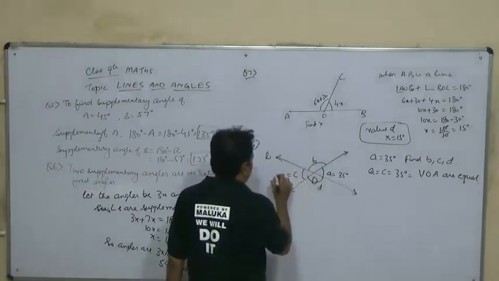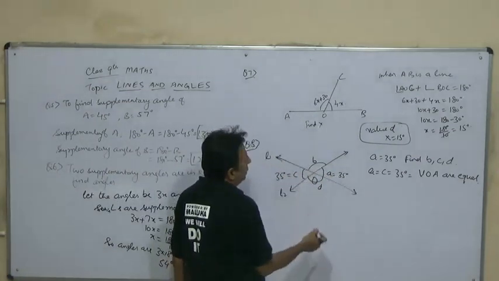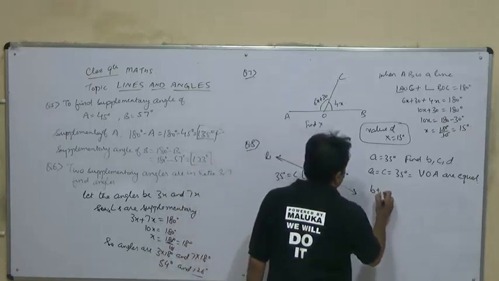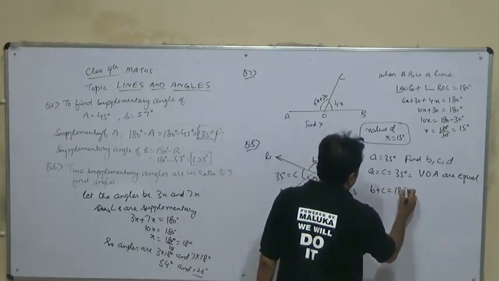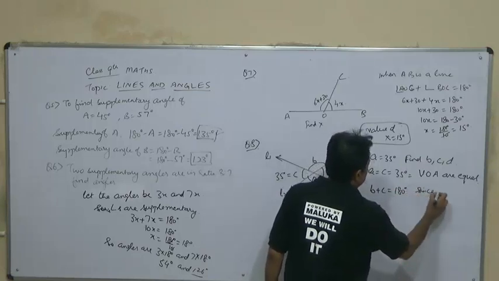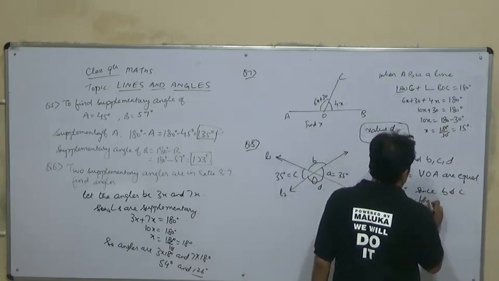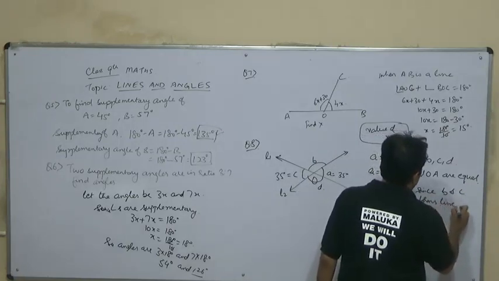Now we know that B and C form a linear pair. So B plus C will be equal to 180 degree, since B and C form a linear pair.